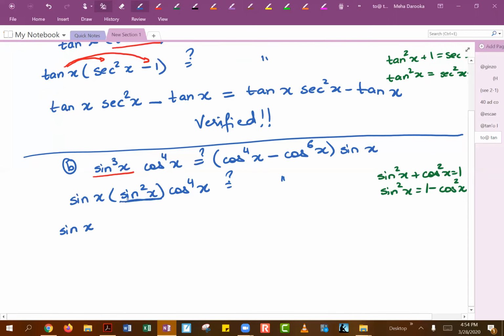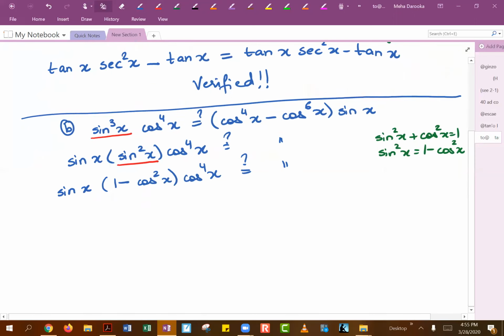Replace your second sine squared of x with this Pythagorean identity. So sine squared of x will be replaced by 1 minus cosine squared of x, and then just bring down that cosine to the fourth power of x. And again, we're trying to verify this.